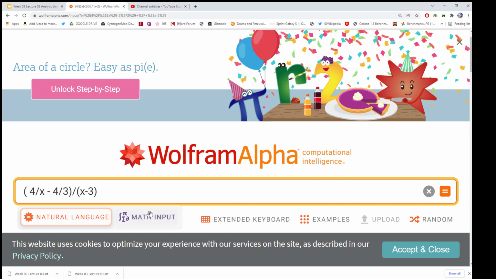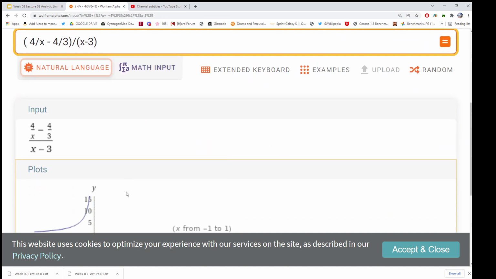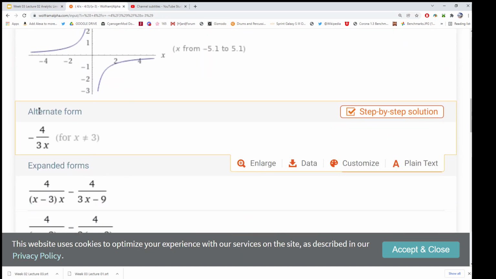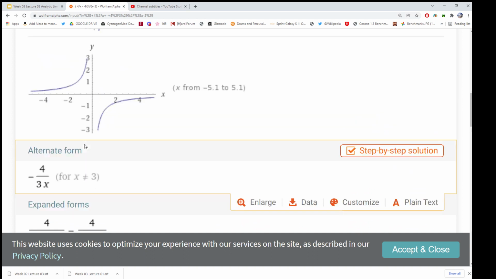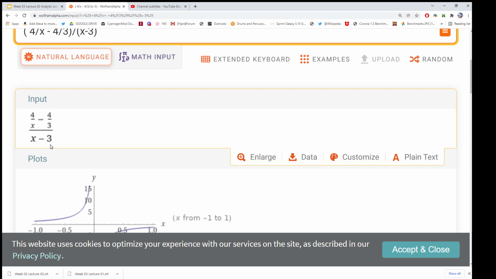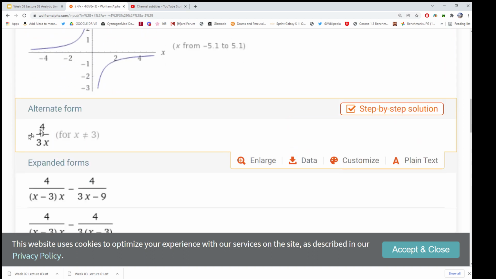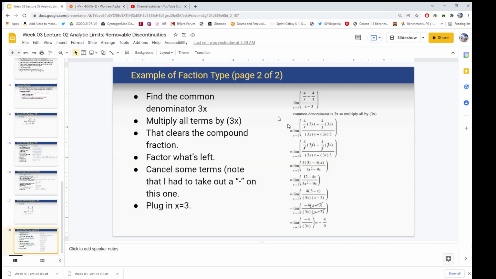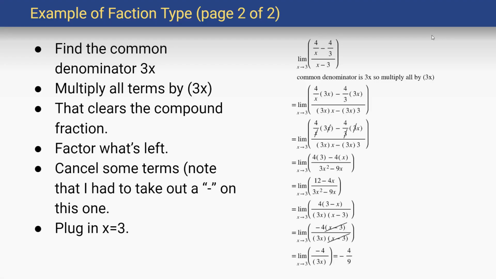If you type this into Wolfram Alpha, it will do all of the simplifying and tell you that the alternate form here is negative 4 over 3x, as long as x is not 3, because remember, you cannot plug 3 into the original because of the divide by 0. And my eventual answer here is negative 4 over 3x once I do all my canceling. So you can get from the first line to the second to last line just on Wolfram Alpha. Have them do your algebra.